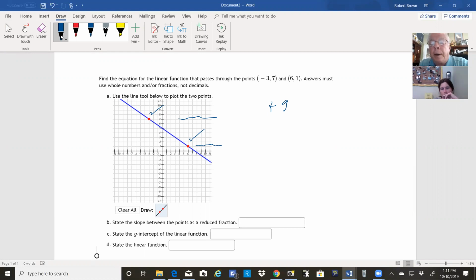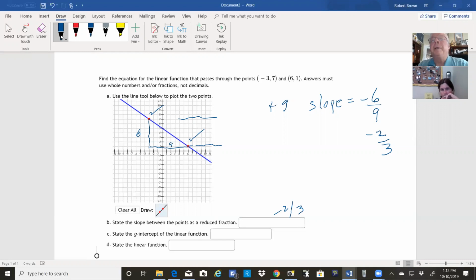Okay. So the slope would be minus 6 over 9, if I drew this right. It goes down 6 as it goes over 9. So the slope is minus 6/9 or minus 2/3. So that's going to be the slope. So we're going to put minus 2/3 here.